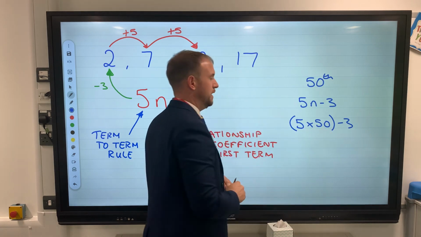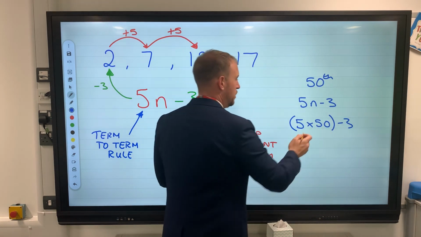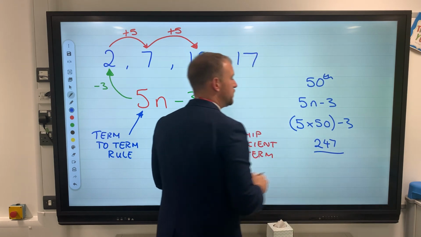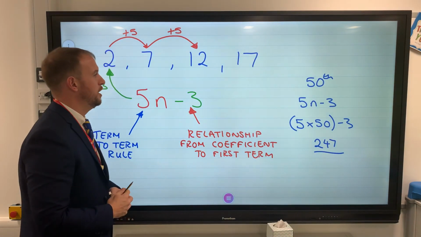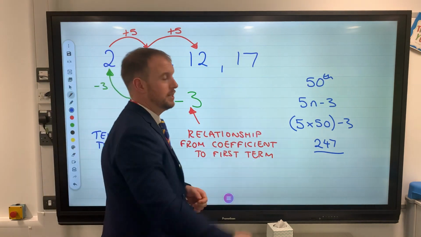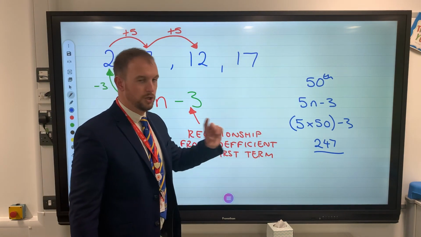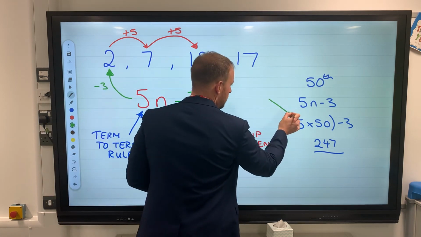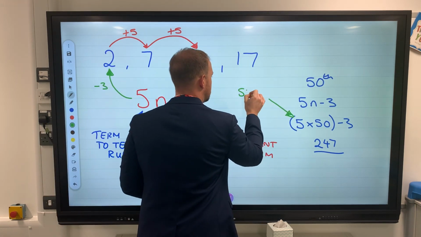Well, 5 times 50 is 250. 250 take away the 3 would give me an answer of 247. So the 50th term down the sequence would be 247 using this part here as substitution.